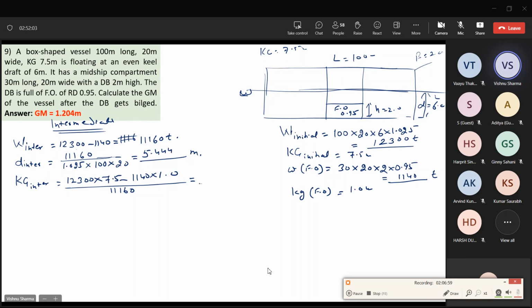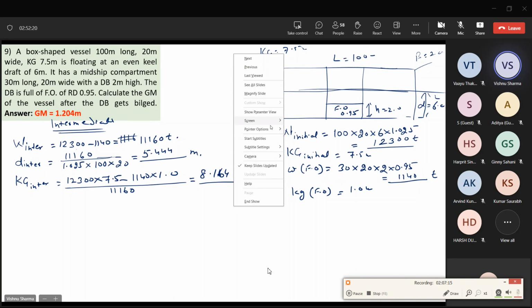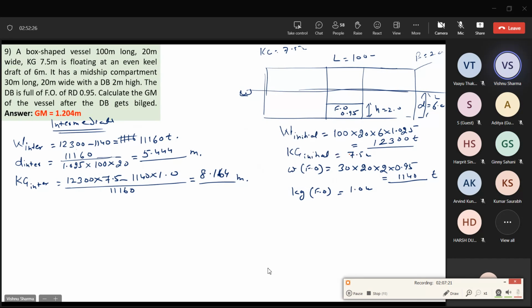How much is the KG, guys? 8.164. Guys, any questions up to this point before I now continue further? Okay. So by using law of flotation, we have worked out the intermediate parameters, assuming the oil to have been pumped out. It's all assumption, okay?